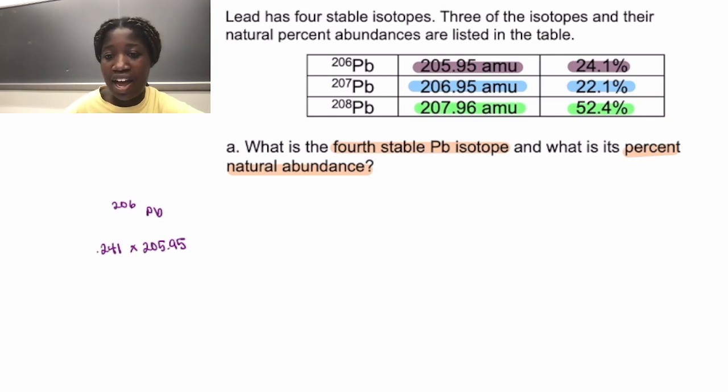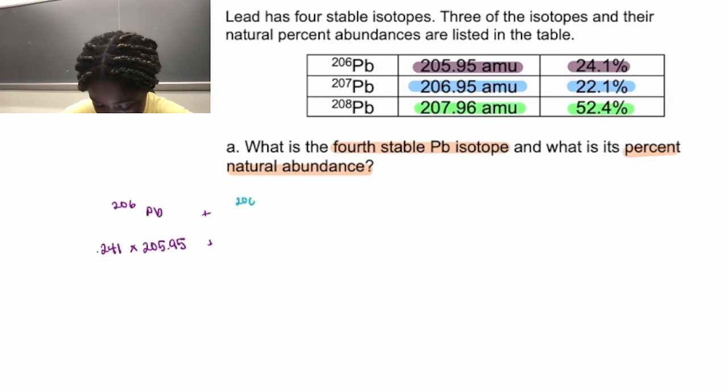And you add all the components together and you do this math for each component. So we do this for lead 206, or lead 207, with 0.221 times 206.95.